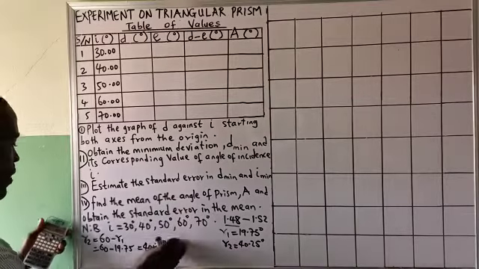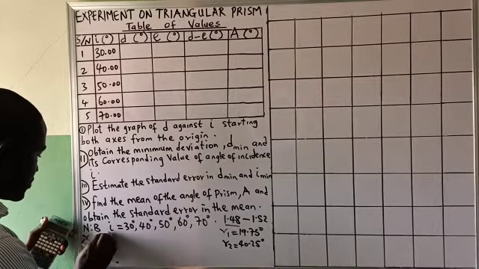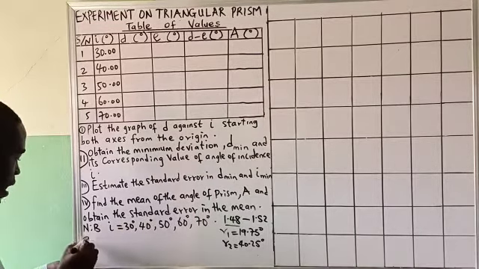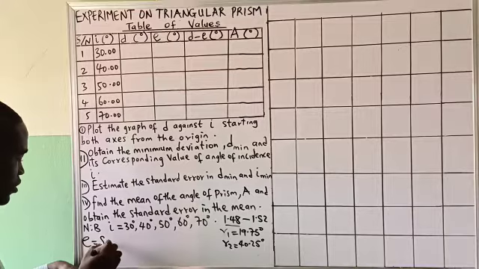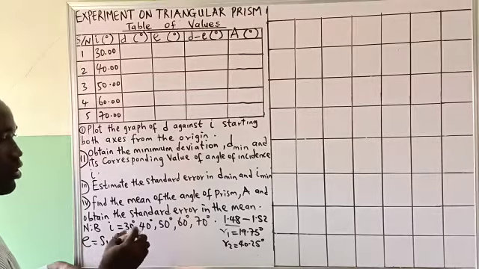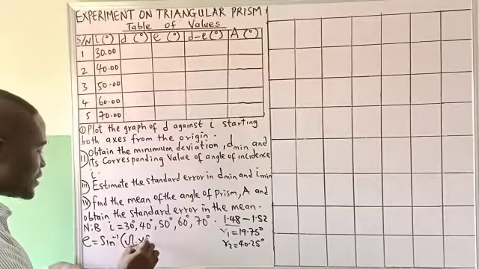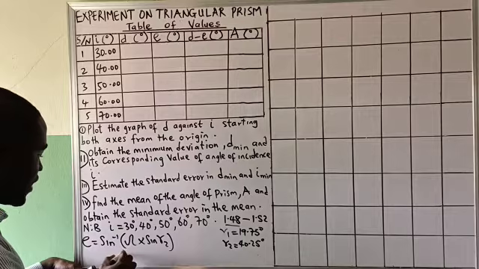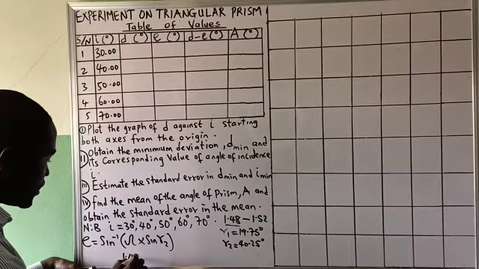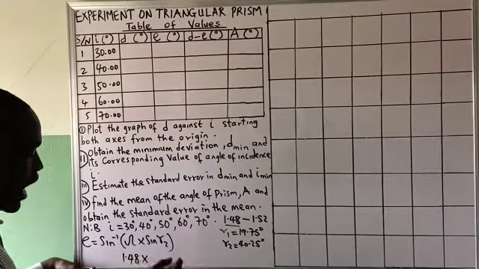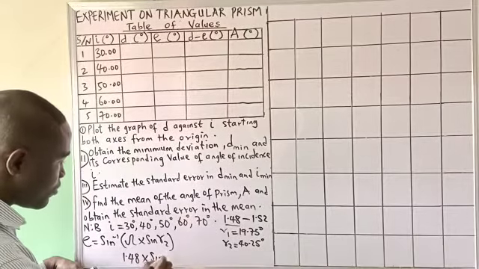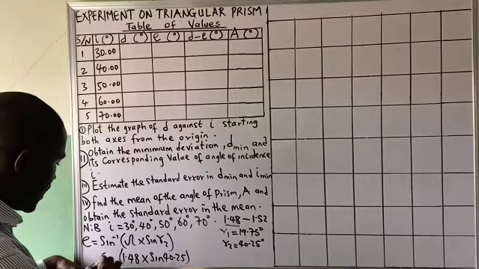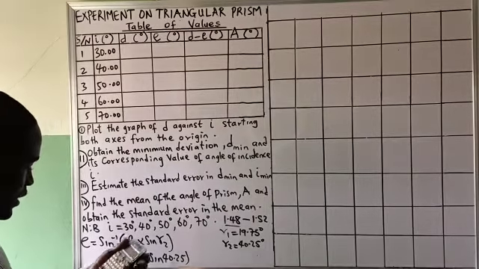Then I will remember that my E, emergent angle, is equal to sine inverse of refractive index times sine R2. And our refractive index, the one we took, is 1.48 times sine R2. That is sine 40.25. Sine inverse of that, let's get it.